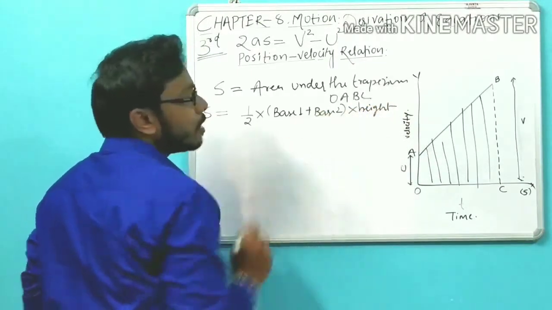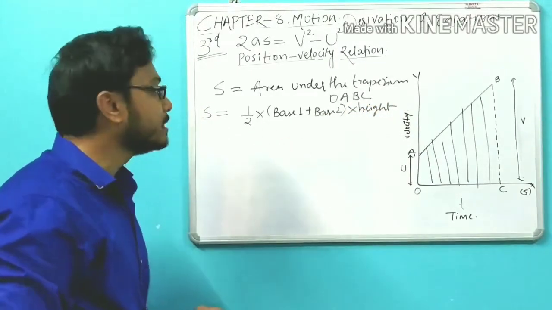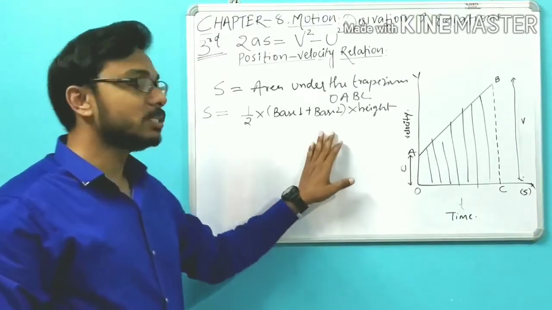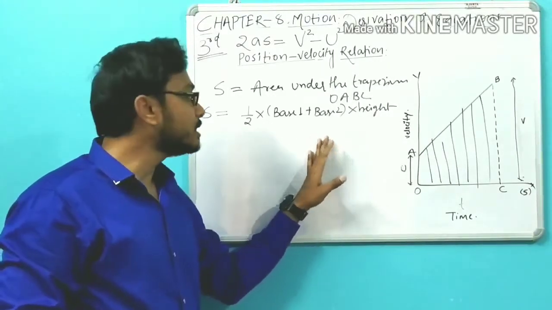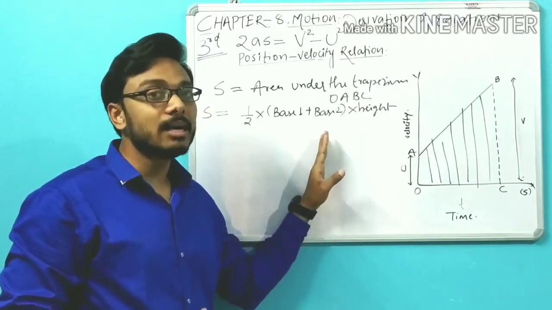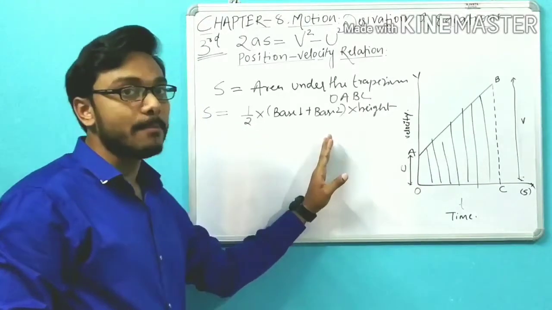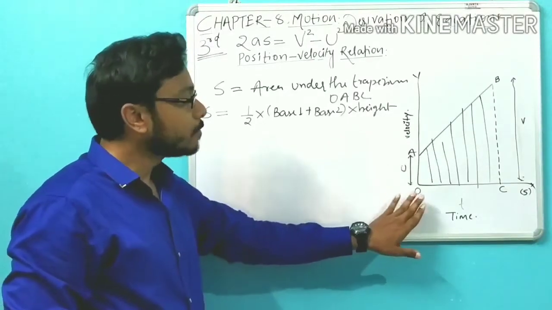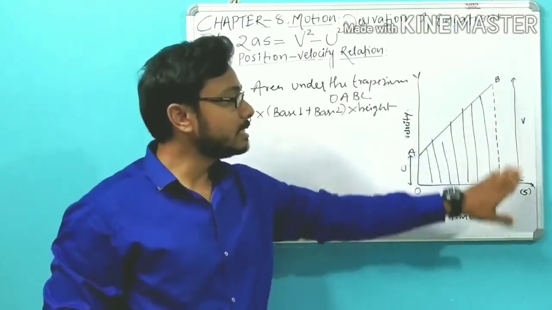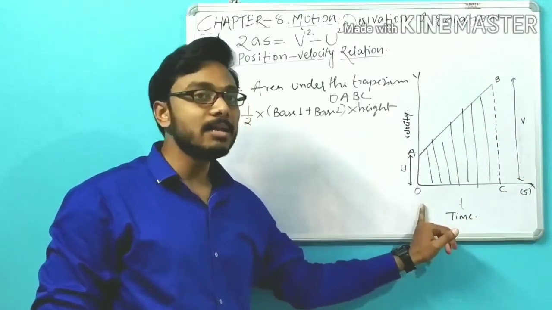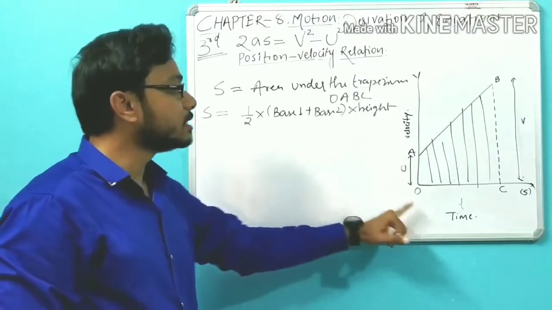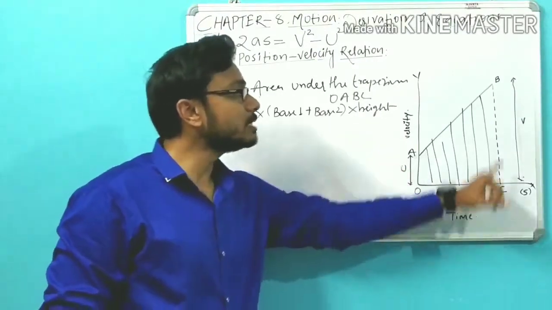So what are base 1 and base 2 here? In any trapezium, when we say base 1 and base 2, these are the two parallel sides of the trapezium. What are the parallel sides of the trapezium in this graph? That is OA and BC. So we will take base 1 as OA and base 2 as BC.